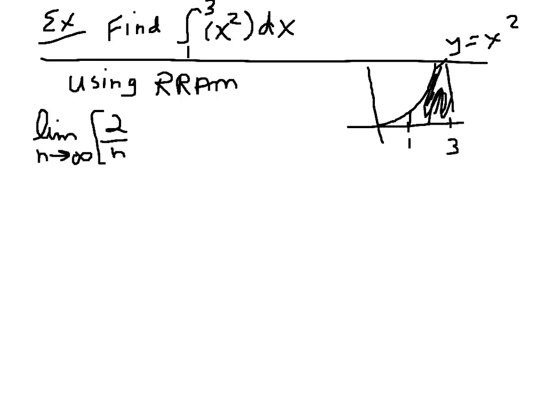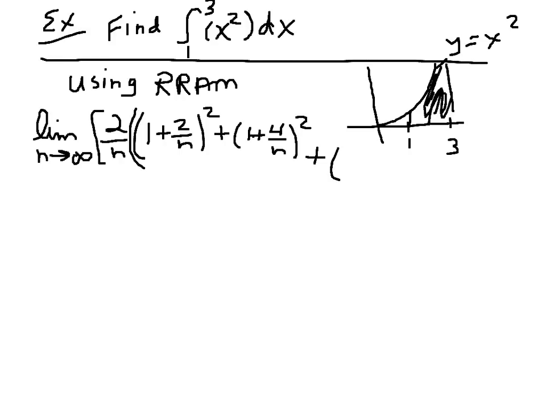And I'm using right rectangles, so my first height is 1 plus 2 over n squared plus 1 plus 4 over n squared, oh, what messy, plus 1 plus 6 over n squared, and I keep going until I get to 1 plus 2n over n squared, which is the same as 3, but I want to write it in the same form.